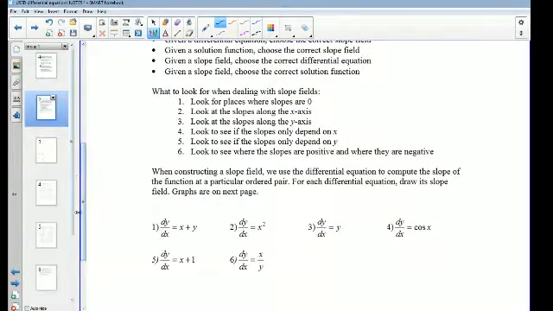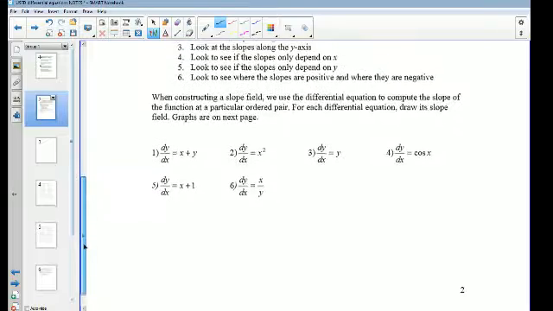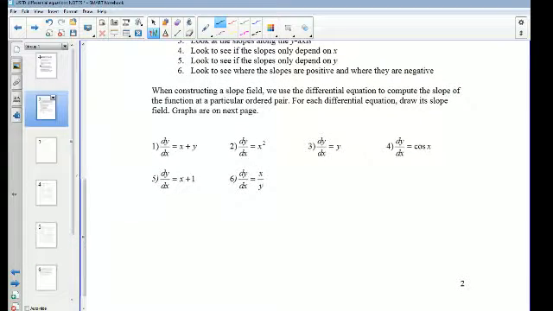I will go over these. So here's what we're looking at. You are given what you would call at this point a derivative, but it's called a differential equation. That's what these are. There's an entire set of courses in college devoted to differential equations.